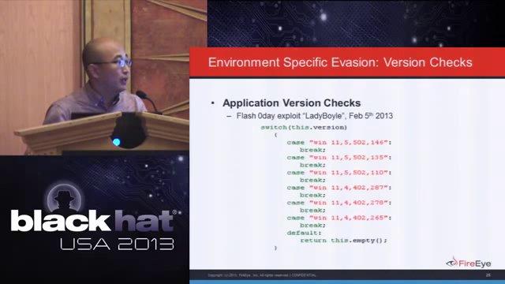I think the attack itself happened on the 5th, and it was publicly announced on the 7th. What it's doing here is checking the versions of the Adobe Flash player, and making sure it will run only on the targeted versions.